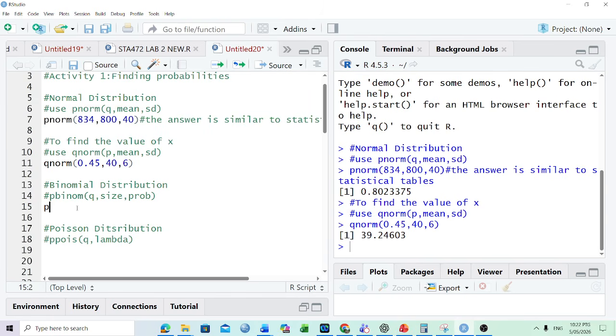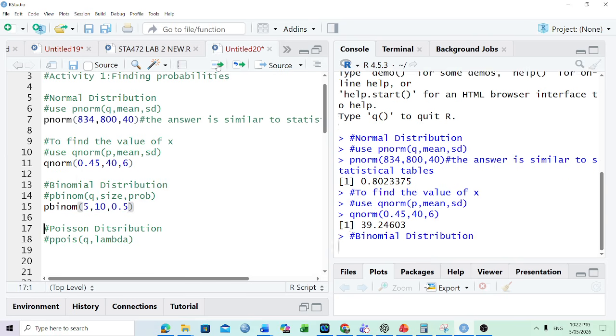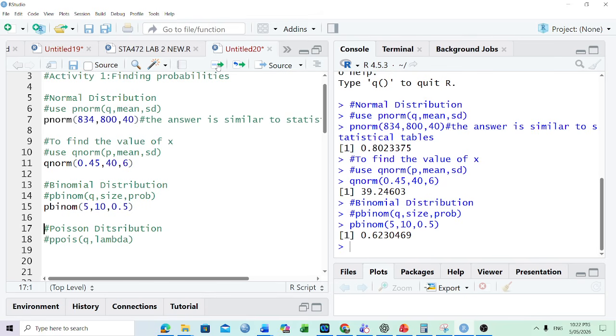So we just do pbinom, q is equal to 5, the size equal to 10, and the probability of success is 0.5. Then we run it. So we'll get 0.6230469. If you want it to be in 4 decimal places, then you can round off the answer.